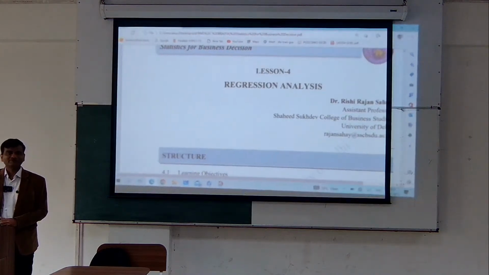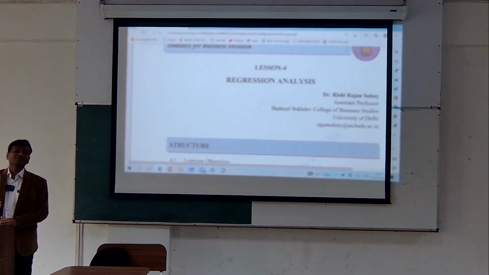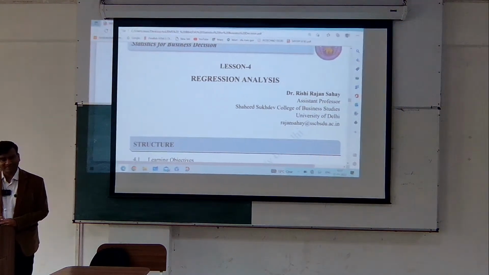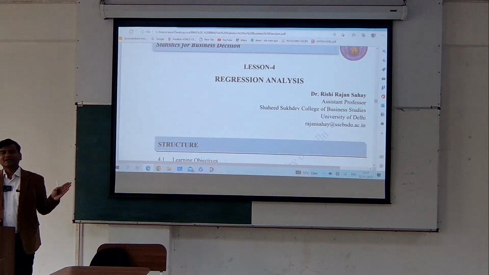Through correlation you would find only the linear relationship. You cannot find the non-linear relationship through the correlation coefficient or the covariance formula. So this is one assumption, that we would find only the linear relationship between the two variables.